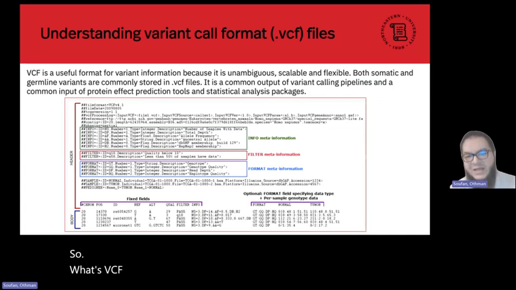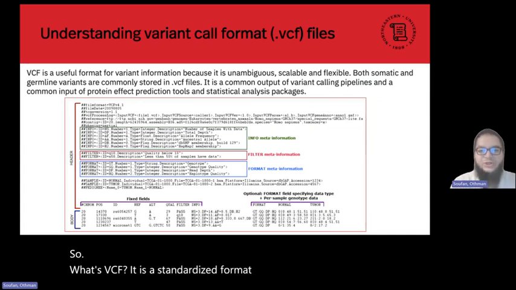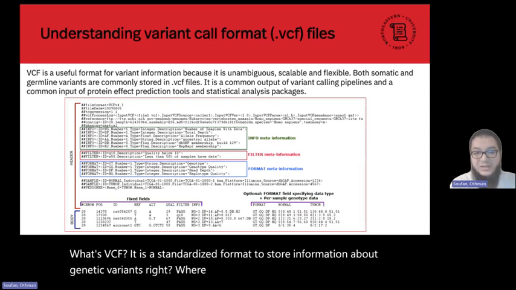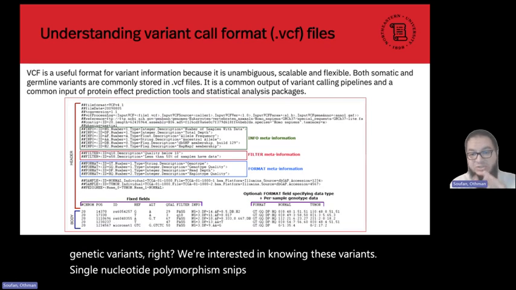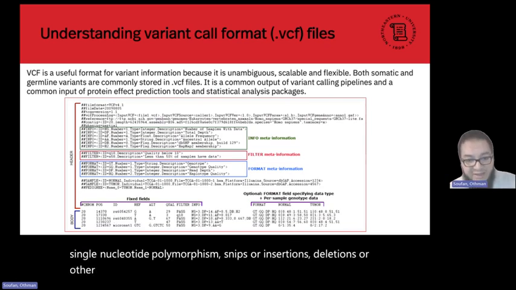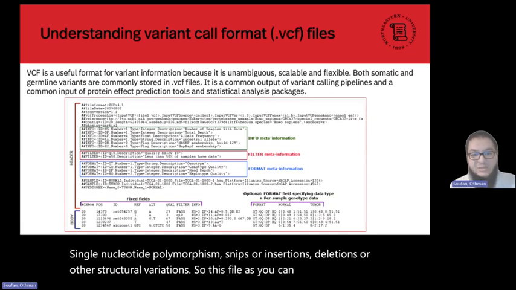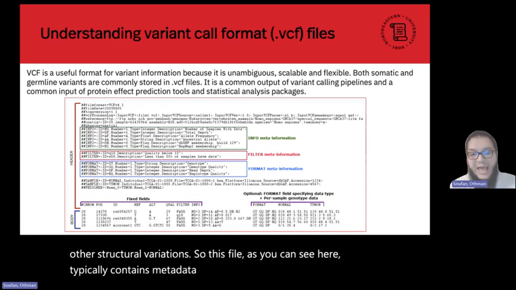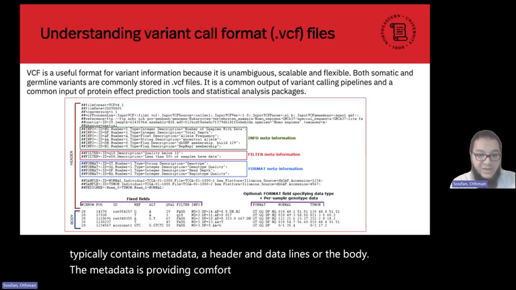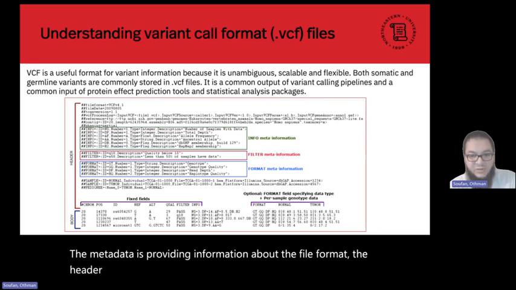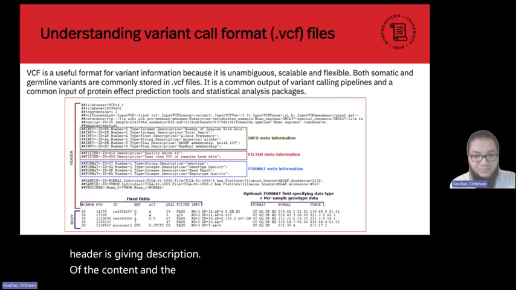It is a standardized format to store information about genetic variants, right? We're interested in knowing these variants: single nucleotide polymorphisms (SNPs), insertions, deletions, or other structural variations. So this file, as you can see here, typically contains metadata, a header, and data lines, or the body. The metadata is providing information about the file format. The header is giving a description of the content and the data columns.